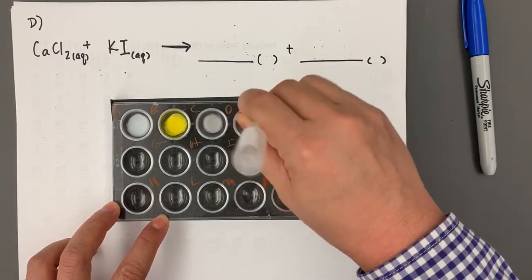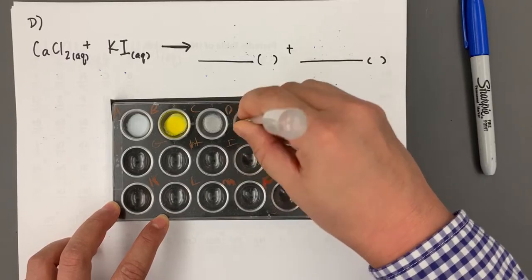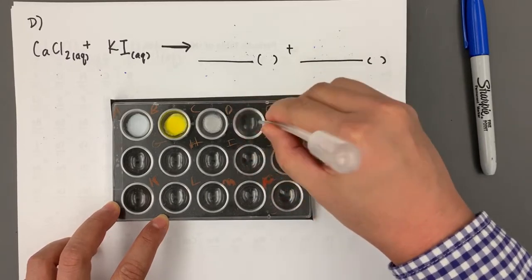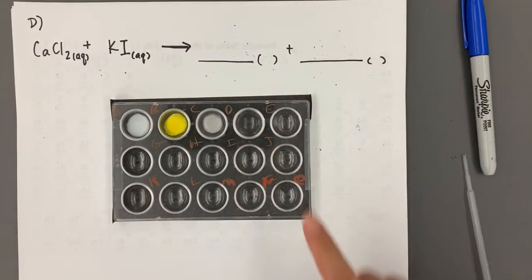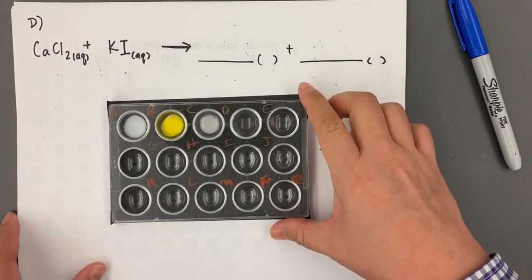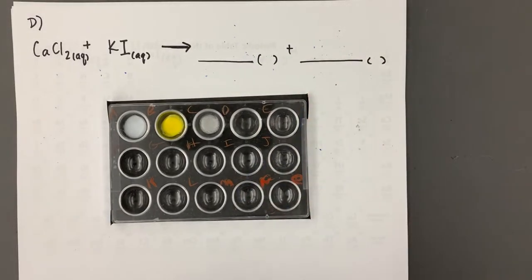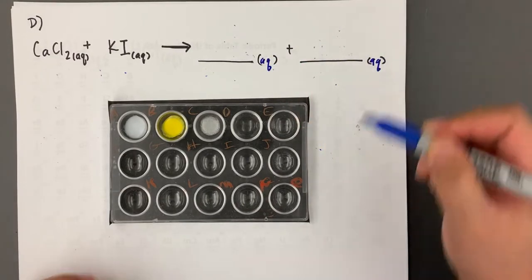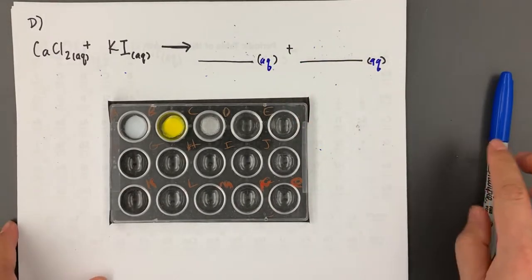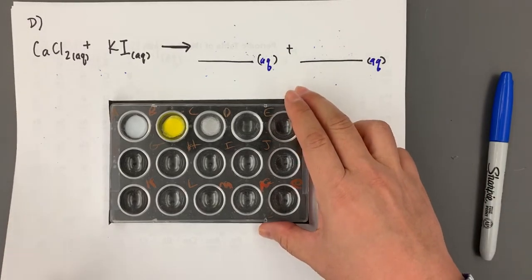Okay. And I am seeing no reaction. Okay. So we predict no reaction. Okay. For D, we're predicting no reaction. That means that this was aqueous and this is aqueous if it is no reaction. Again, you should check your solubility table to make sure.